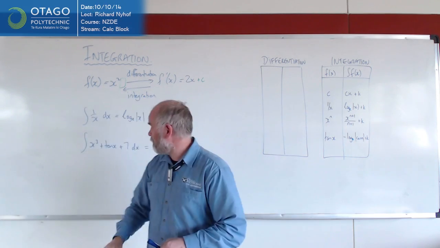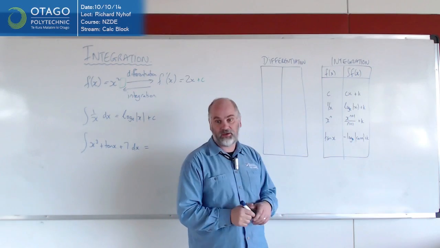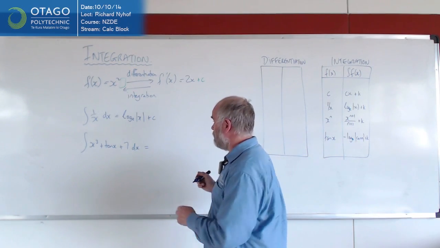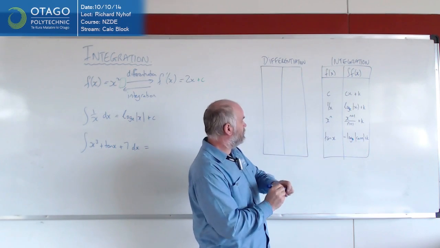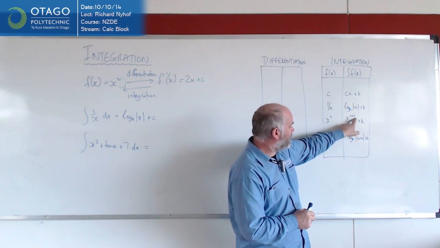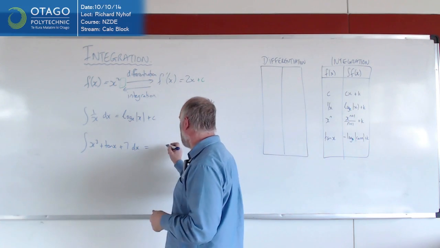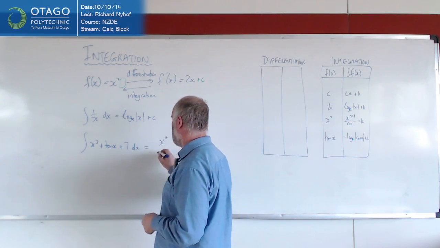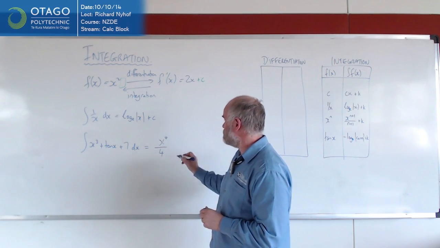This has 3 bits to it, and hopefully we can find each of those 3 bits on the table. So x cubed is an x to the power of n, and this says to increase the power by 1 and divide by the new power. So x to the power of 4, divided by 4. That's all that one takes.